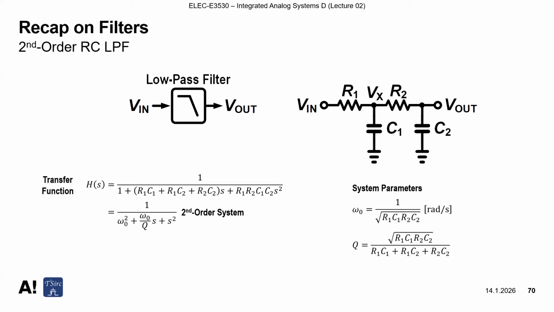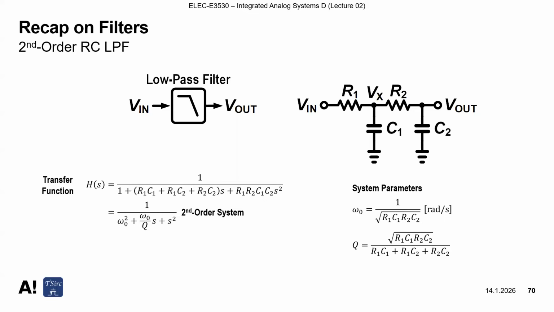Here we can plug the same equations into this case. I am just ignoring the numerator factor, such that when we divide both numerator and denominator by omega 0 squared, we can make the constant part a 1, and s squared becomes s squared over omega 0 squared.